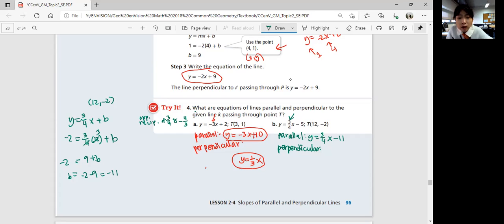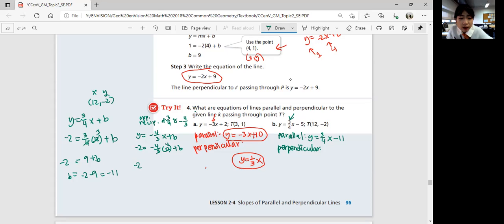Opposite sign and the reciprocal, right? So y is equal to negative 4 over 3x plus b, and plug in your points again and solve for them. Make sure you don't mix up your x values and y values, okay? That is your x and that is your y in your coordinate point.